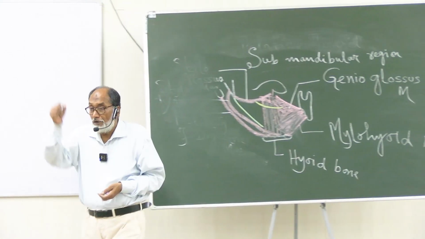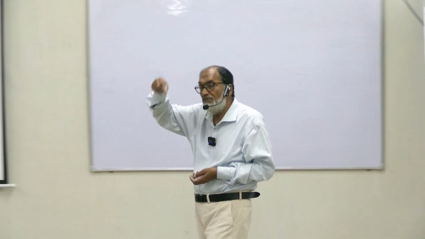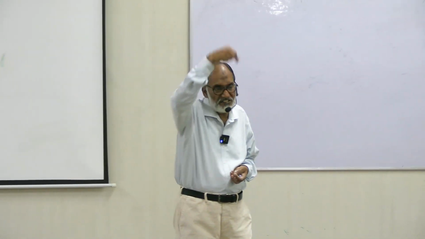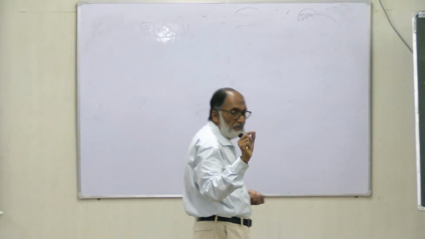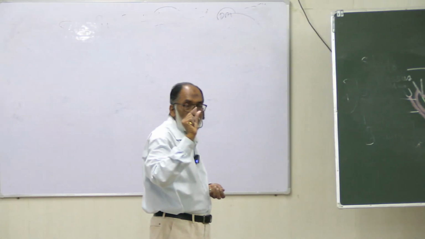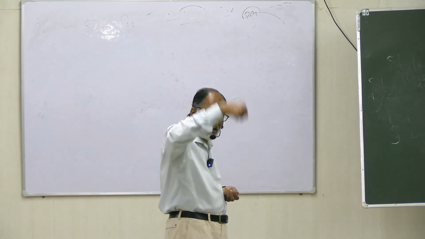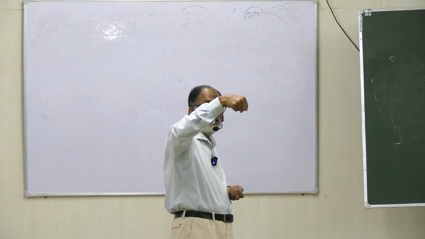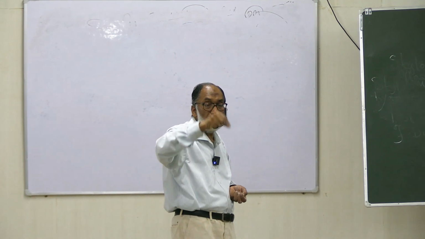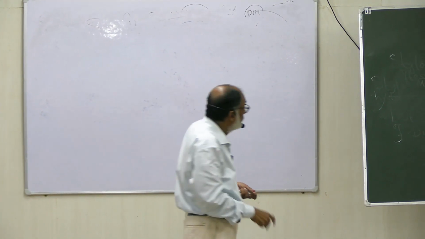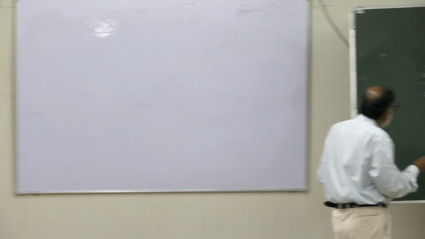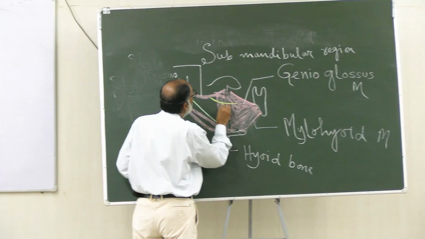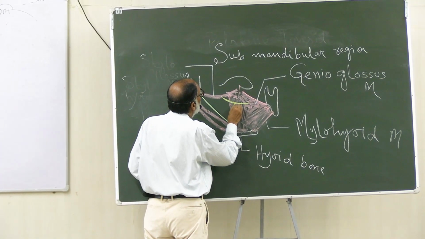From the lingual nerve, one important parasympathetic ganglion hangs, a pinhead-sized parasympathetic ganglion. That is called the submandibular ganglion.